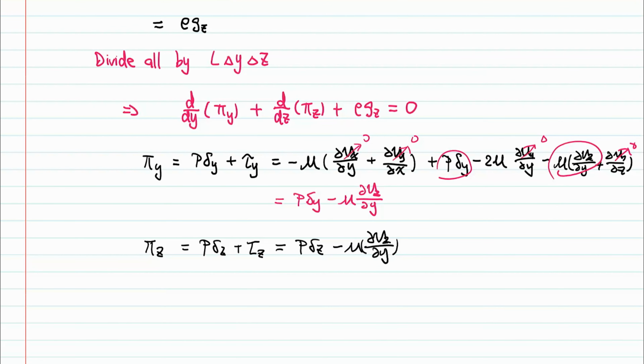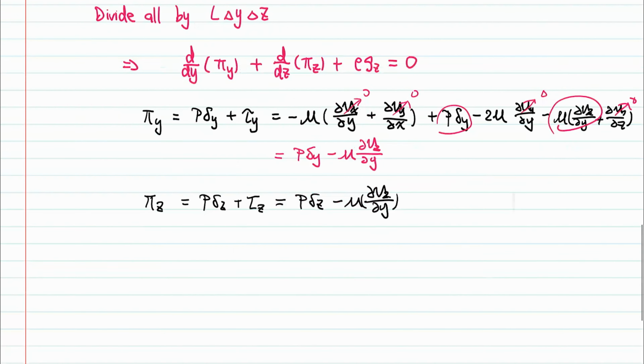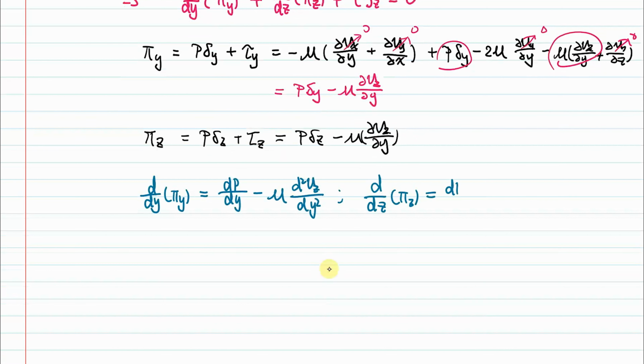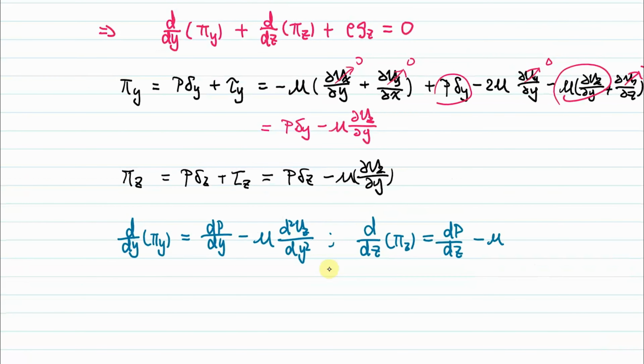So finally, based on our balance equation, the differential equation, we have d/dy of pi y equals dP/dy minus mu d squared Vz dy squared, and d/dz of pi z equals dP/dz minus mu times d/dz of partial Vz partial y.